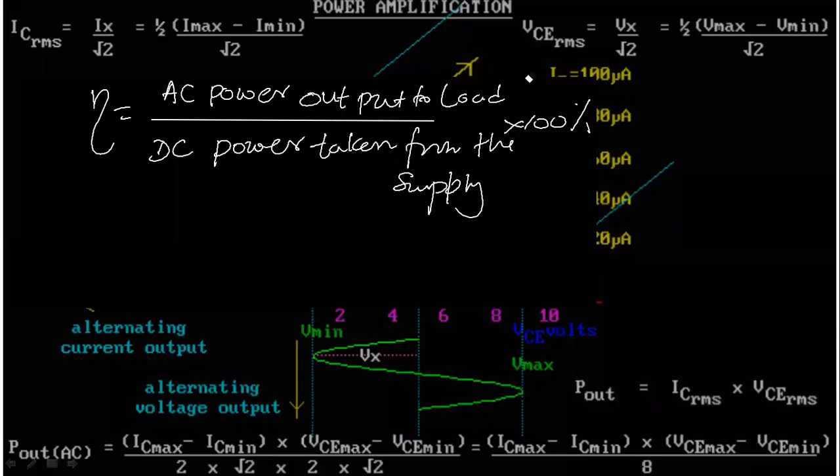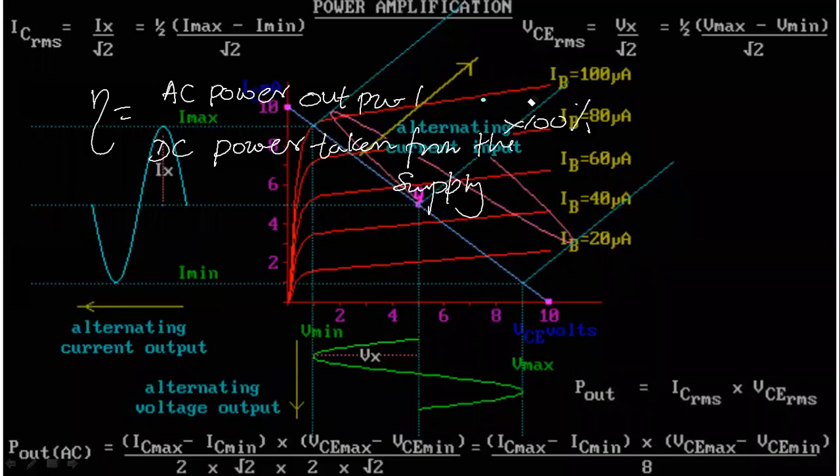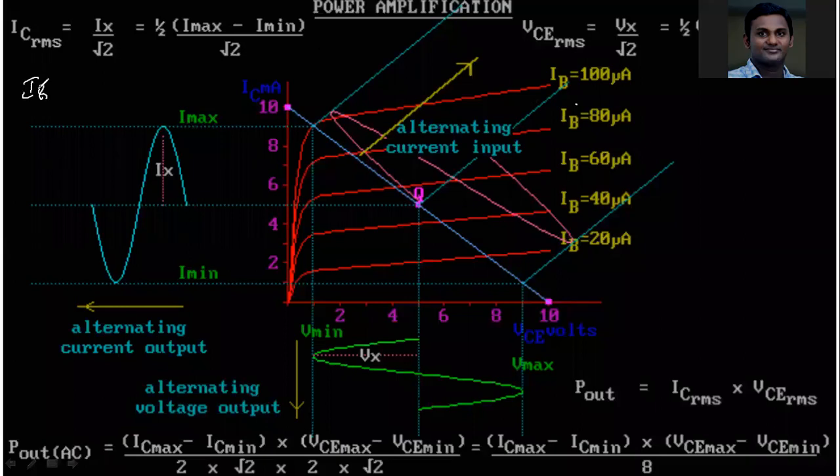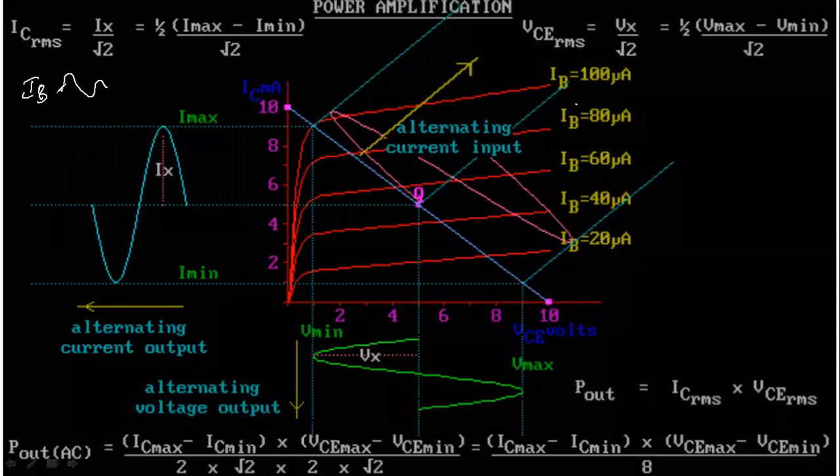So I'll apply this concept to this amplifier circuit. Just assume this is the characteristics graph, and you can notice the load line we discussed previously. Assume when you change the IB current, the bias current, IC also fluctuates, since IC divided by IB equals beta.